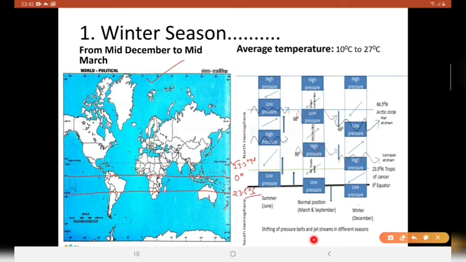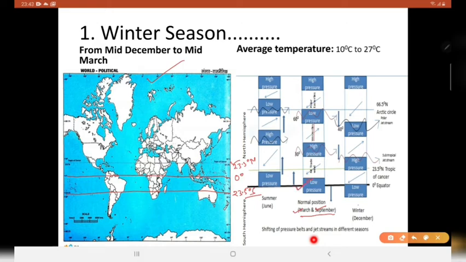You know, the winter season in the northern hemisphere occurs when the sun shines in the southern hemisphere. That is when the sun is far from the northern hemisphere. You can see at equinox, that is 21st March and 23rd September, the sun shines vertically over the equator.